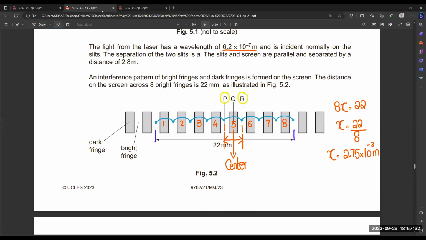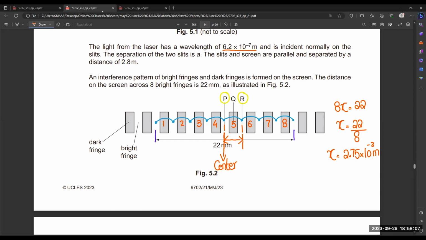So we can just shift the center towards P. So this is the central value at point P, and Q and R are the nearest dark and bright fringe on the one side. Because Q is the dark fringe towards the right hand side, and R is the bright fringe towards the right hand side that is nearest to P.